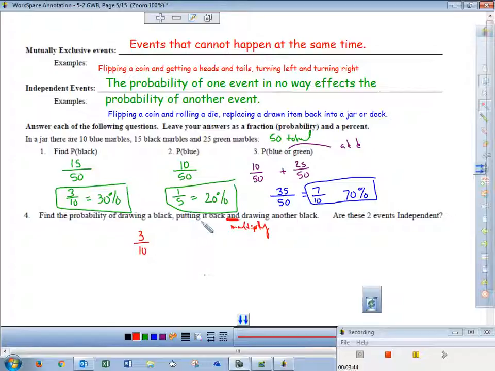And then if you put it back, that's called replacement, meaning that there's still going to be 50 marbles in the jar once you put it back in there. So nothing's going to change probability-wise. So then that would be another 3/10. And then to multiply those together, that's 9 out of 100, which is 9%.